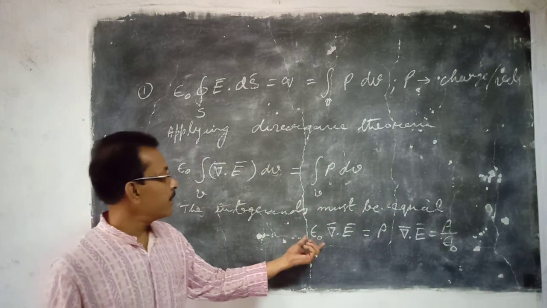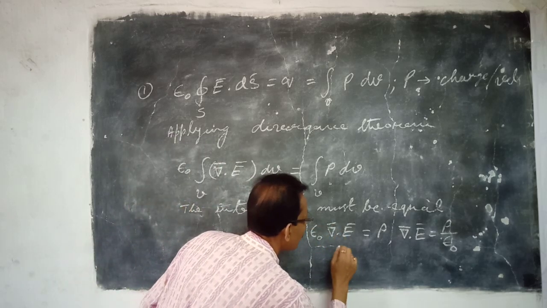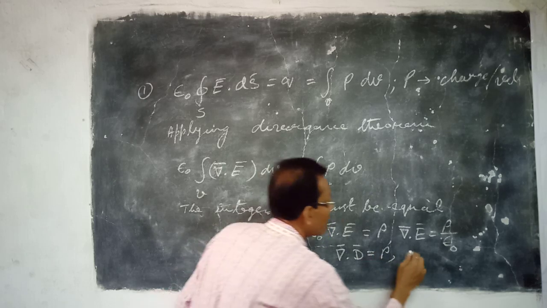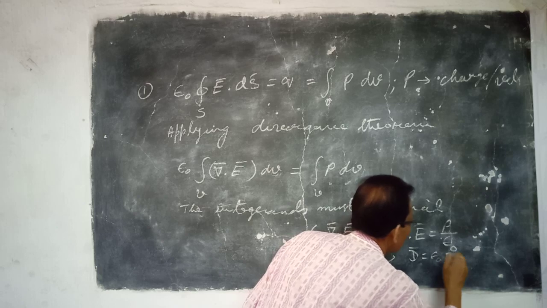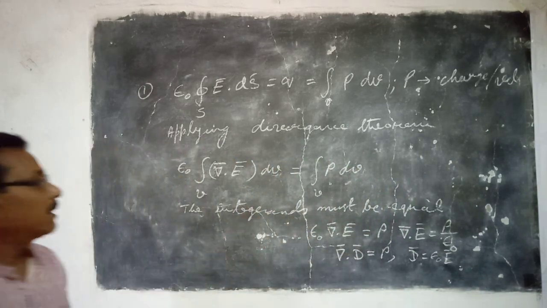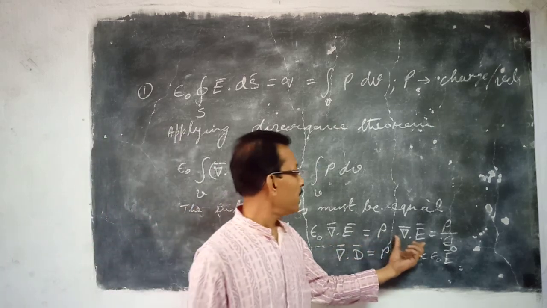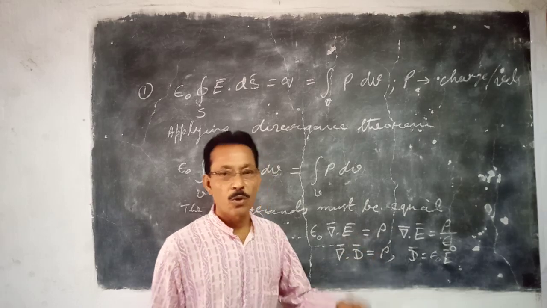Or we know that epsilon 0 E is equal to D, therefore one can write divergence of D is equal to rho, because D is equal to epsilon 0 into E. So this is the differential form of the Gauss's law. Either divergence of E equal to rho by epsilon 0, or you can write divergence of D is equal to rho.